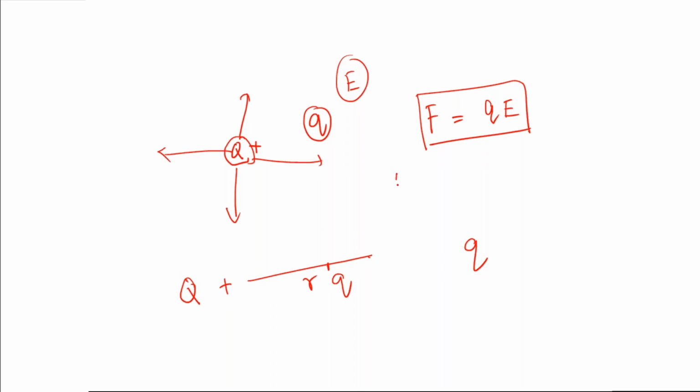Even from Coulomb's law, we have Q by 4 pi epsilon naught r square. This is a repulsive force.